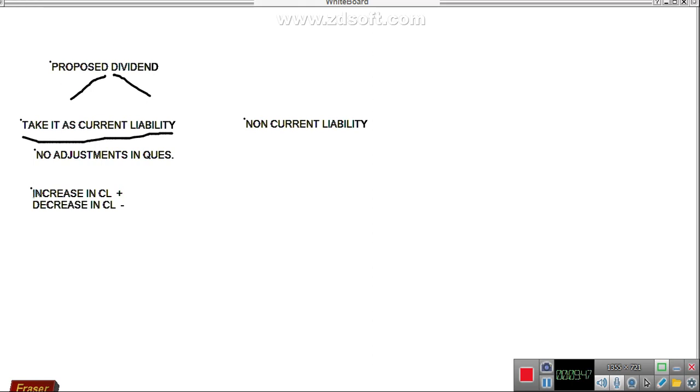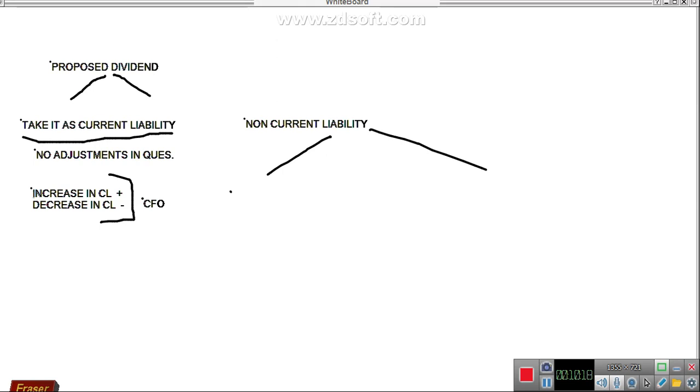So if you are treating it as a current liability, follow this for cash flow from operating activities. Adjust an increase in current liabilities by adding, and if there is a decrease in the proposed dividend from the previous year to the current year, then deduct it from the cash flow from operating activities. But if you are going to take it as non-current liabilities, again there are two scenarios.